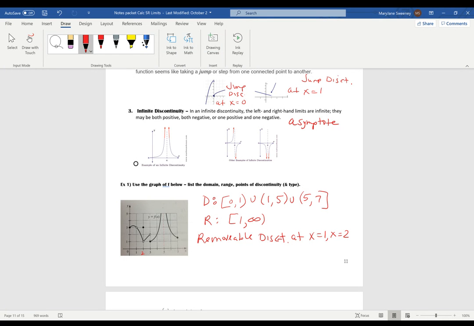Notice at x equals 3, there's a hole, but if I plug it, it's not going to be continuous. That's because there's actually a jump in the graph. So we have jump discontinuity at x equals 3, and then we have infinite discontinuity at x equals 5.